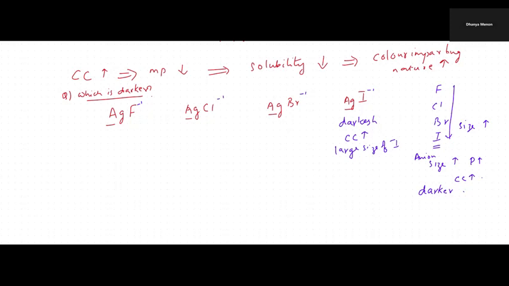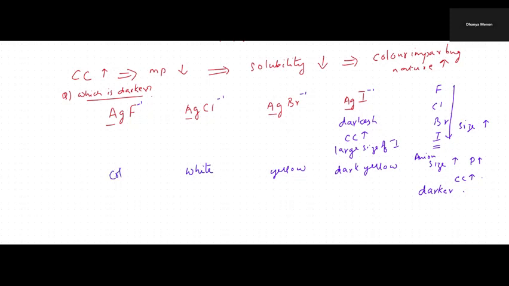And it is actually seen that silver iodide is dark yellow. The next more covalent one is silver bromide, right? So that will be yellow. Silver chloride is white. So you can see the color is becoming lighter. Silver fluoride is colorless.